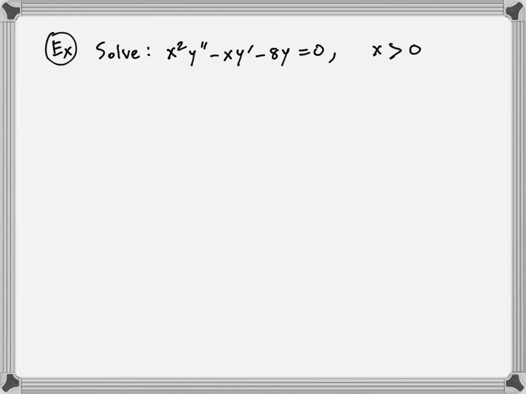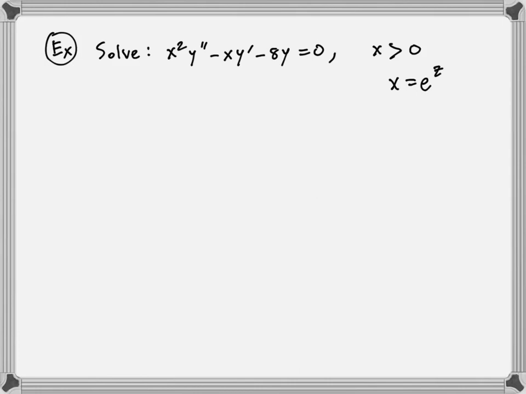By the way, the reason that we need x to be positive is otherwise this substitution doesn't work, right? Because we know we're going to let x be e to the z, but that's only possible if x is positive, right? Because e to the z is always positive.